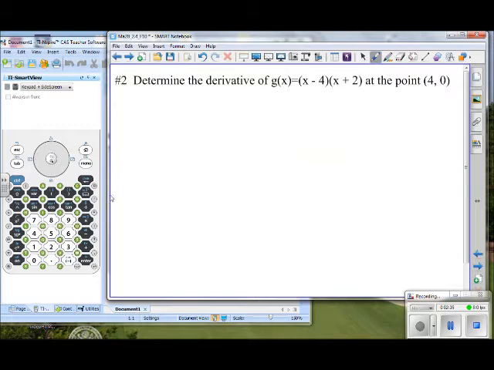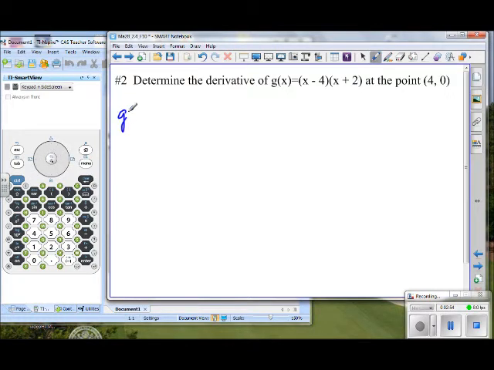So let's look at the first problem here. Now from section 2.2, we could multiply these together and take the derivative as we did back in section 2.2. Let's practice our product rule though.